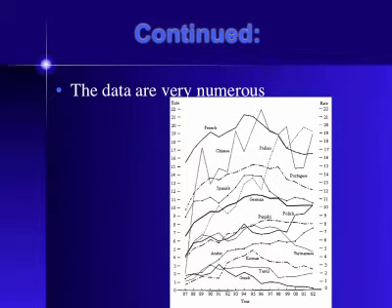Now, you should also not try to use a graph if your data is extremely numerous. Try and take a look at this particular graph. You have got rate and year and multiple languages all combined in this particular graph. What, in your humble opinion, do you think would be a better way of representing this data?